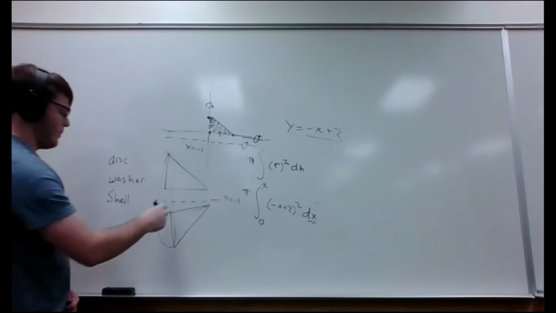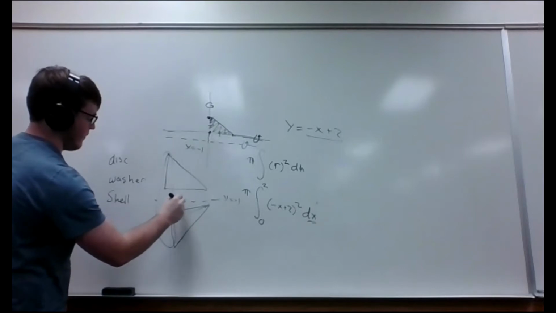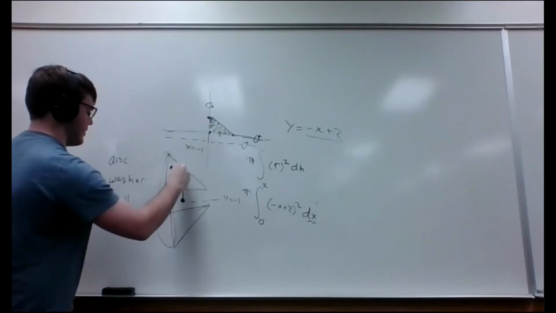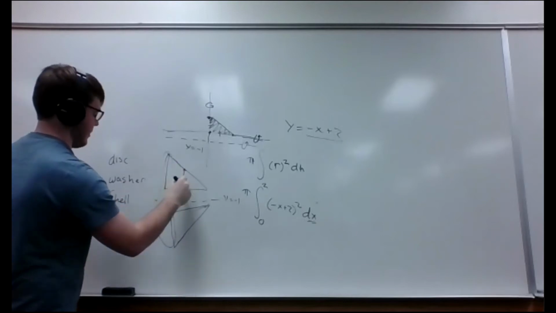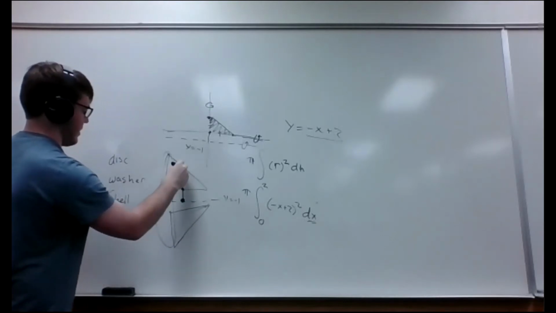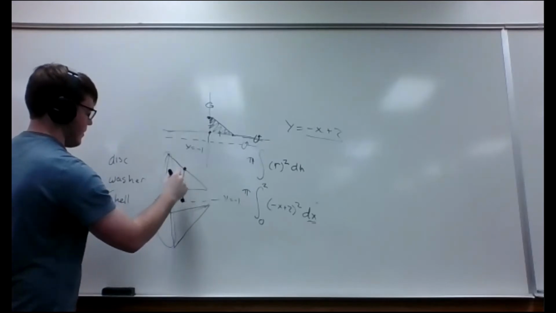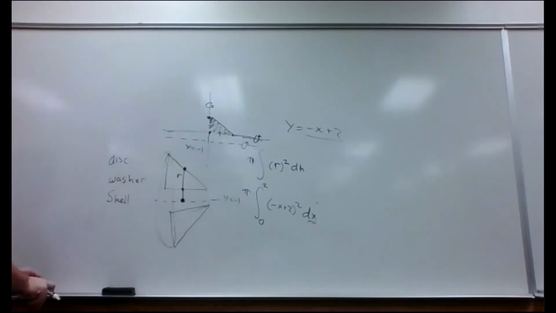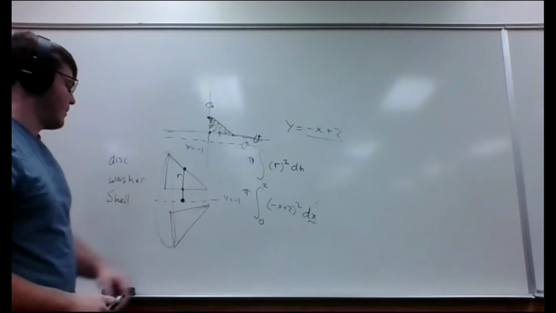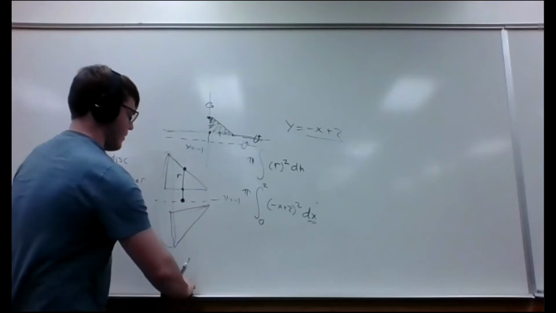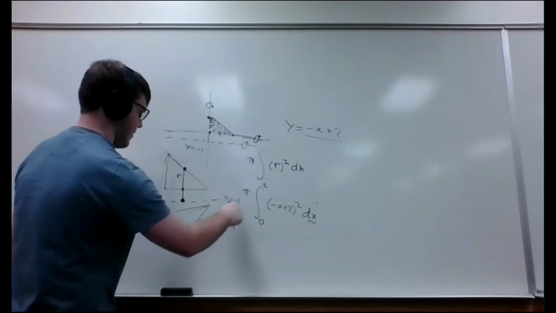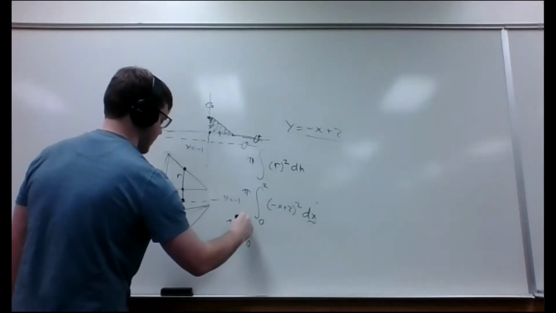So now we have to account for this hole. So we're going to do, we want the radius, right? We want from here to here, right? So how do we get to that point, right? So if we're doing the disk method, we're still going to have our first integral, right?